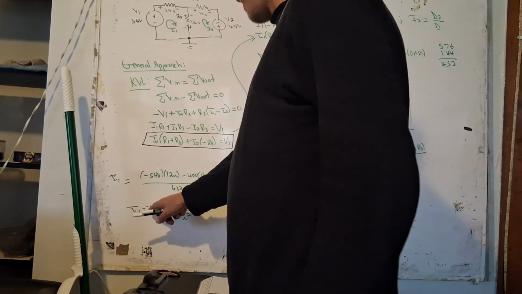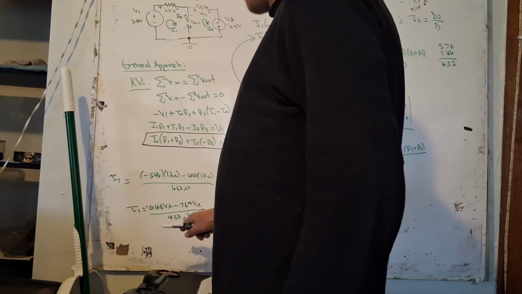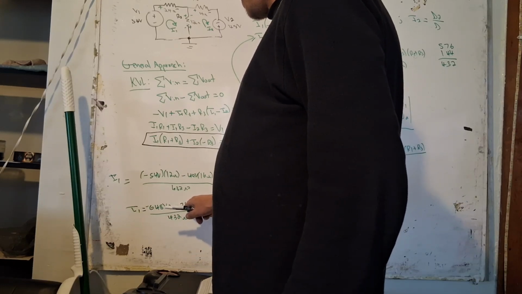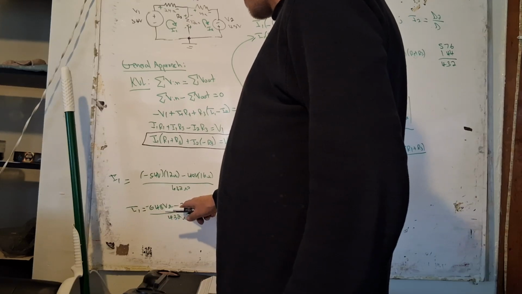Well, these actually add together because they're both negative. 600 plus 600 is 1300. And then 60 and 40, that's 100. So 1416.